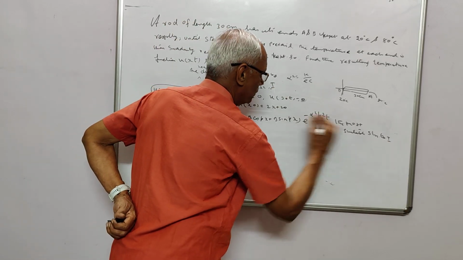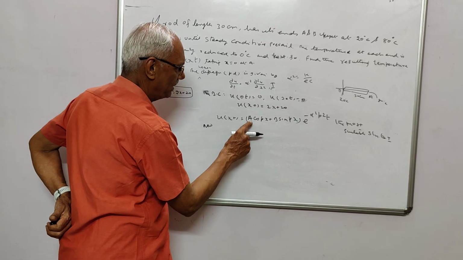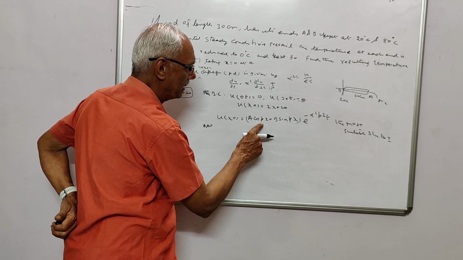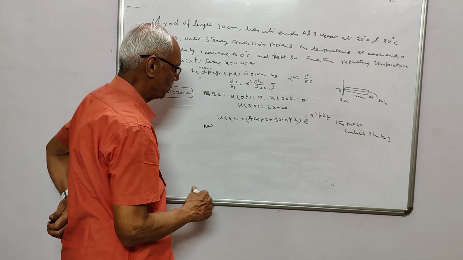This is the most suitable solution to 1. Now we have to find the values of A, B and P. Because if I can find the value of A, B and P, my problem is over.